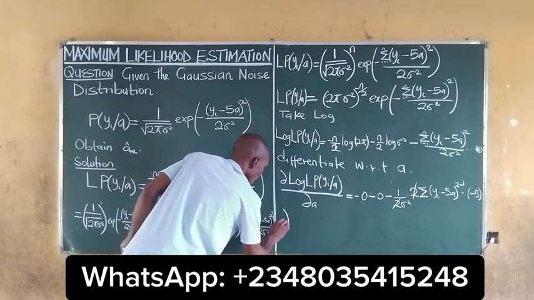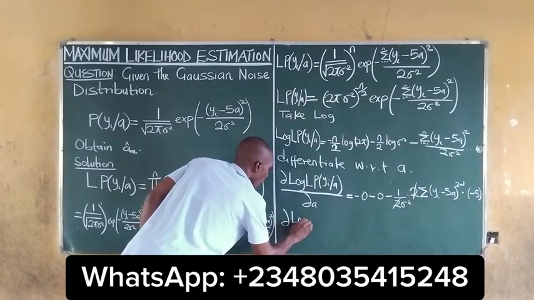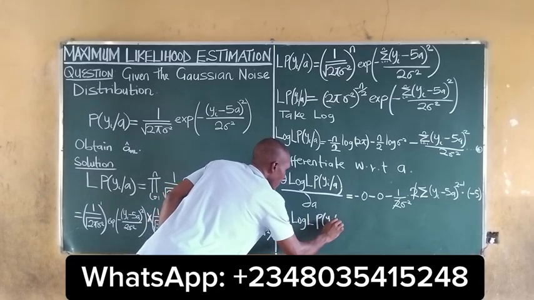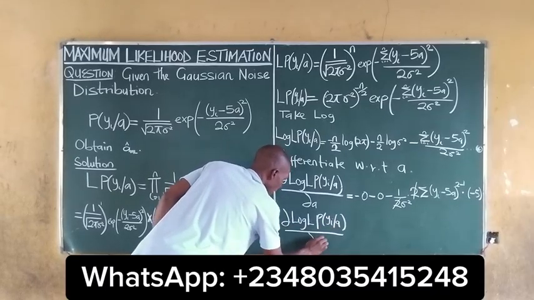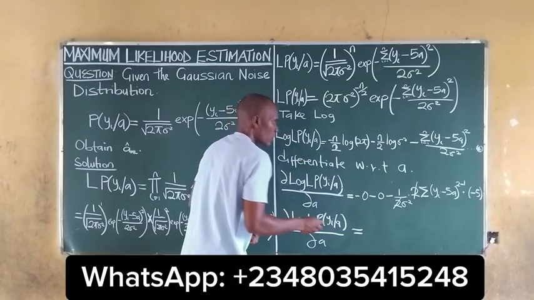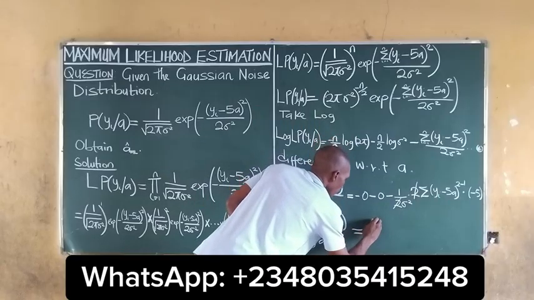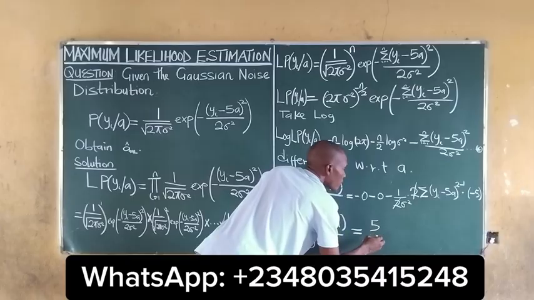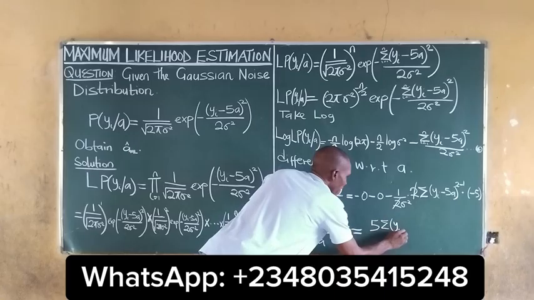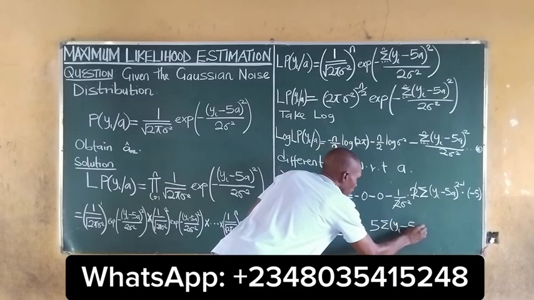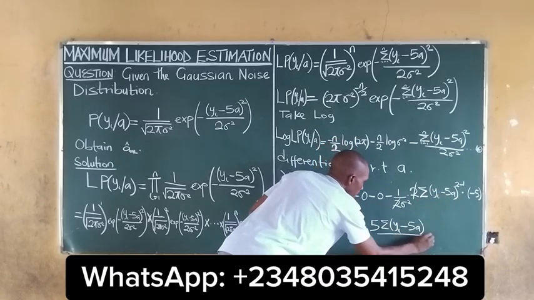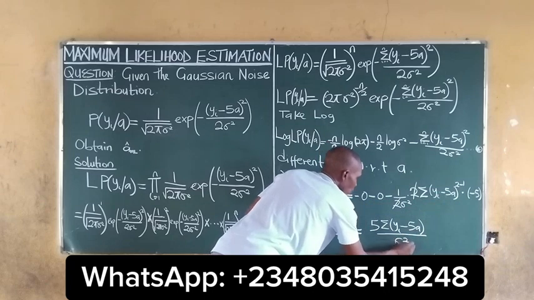So we get our differential of log yi a all over dA to be equal to 5 summation of yi minus 5a, 2 minus 1 is 1, all over sigma squared.